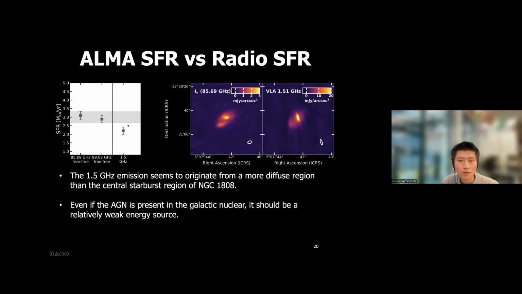Furthermore, the lower radio star formation rate indicates that even if an AGN is present in the galactic nucleus, it is a weak energy source, because the AGN can also contribute to the synchrotron radiation. If the AGN was strong, then the radio star formation rate would be significantly higher than the ALMA star formation rate, which isn't shown in our result.